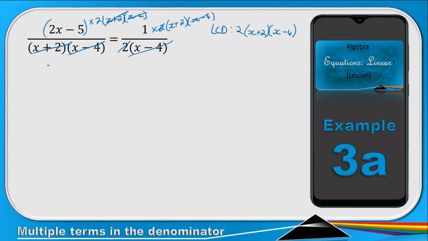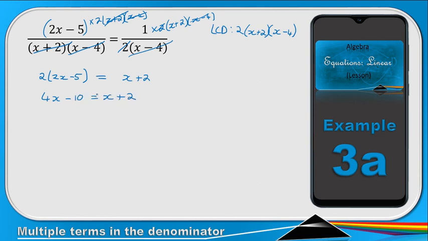Now write down what is left. We've got 2 times by this, so 2x minus 5, and then that's equal to just 1 times by x plus 2. So we just have x plus 2. Multiply out the 2. We've got 4x minus 10 equals to x plus 2.